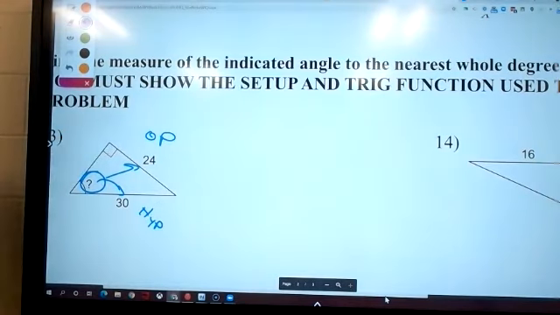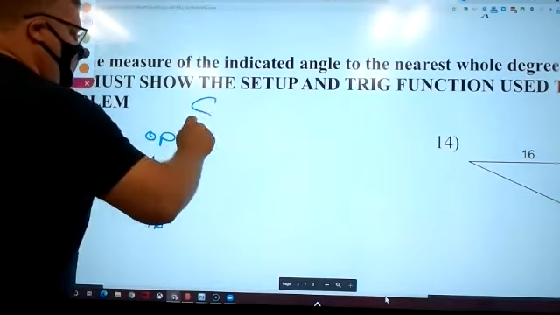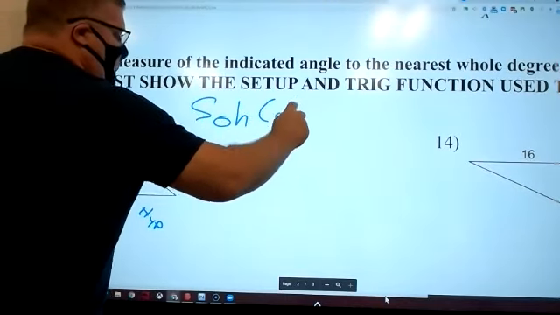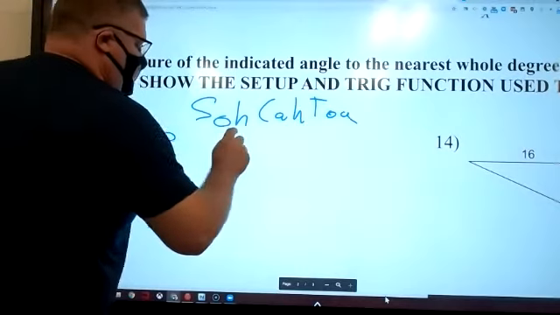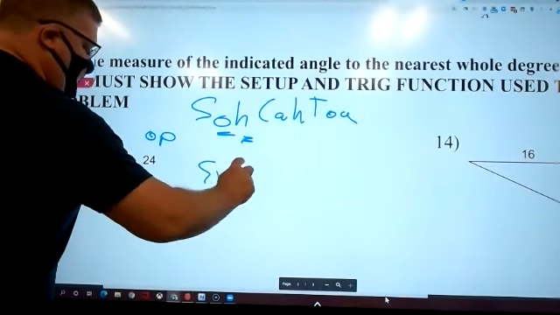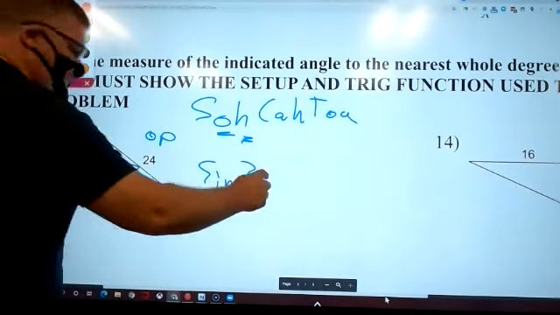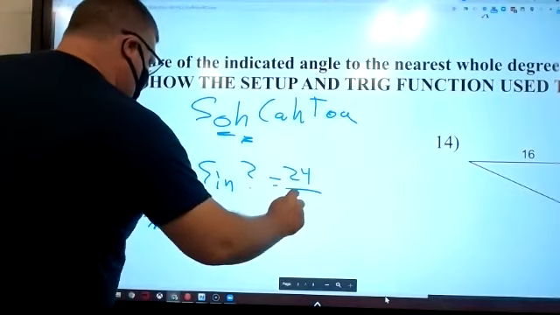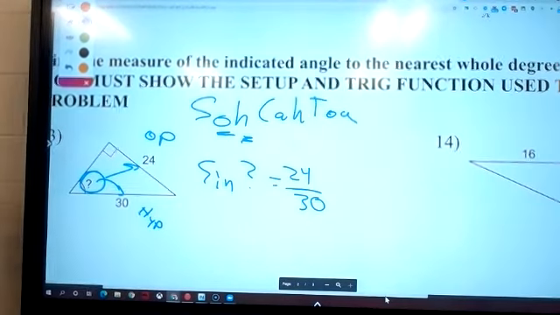So opposite, hypotenuse, what should I be using? Oh, looks like I'm using me some sine, huh? Yeah. Sine of the angle I don't know equals 24 over 30. Is everybody okay with that?